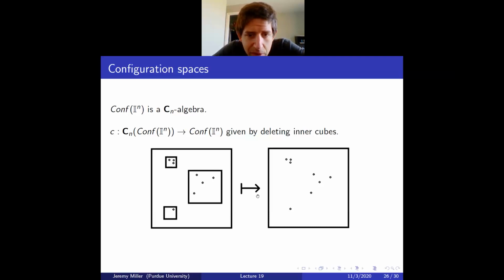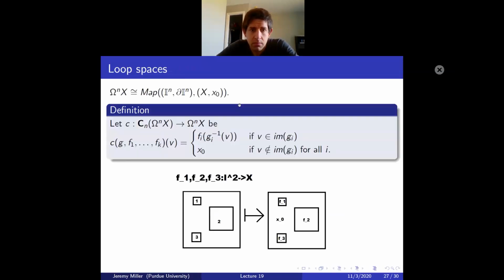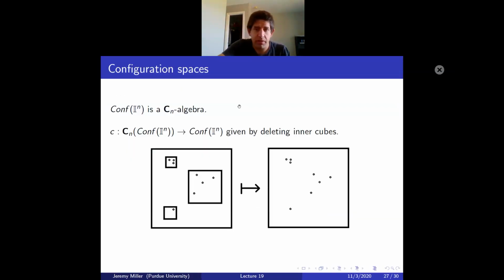I think I said cubes the correct number of times. And what you do, basically what Michael said earlier, is just delete the cubes, and now you just have points in the cube. So this is the algebra structure map. Any questions about this before I move on to loop spaces?